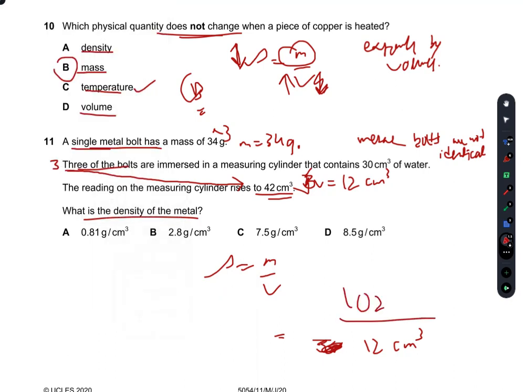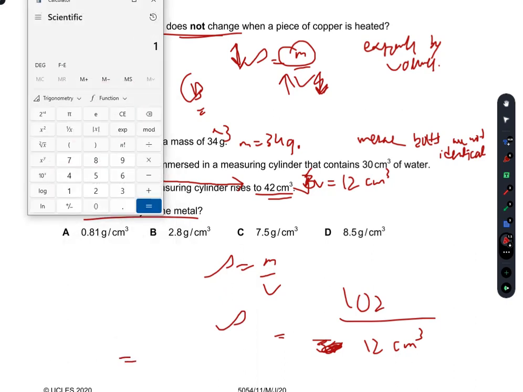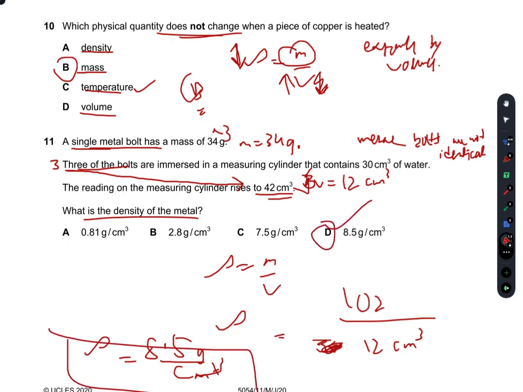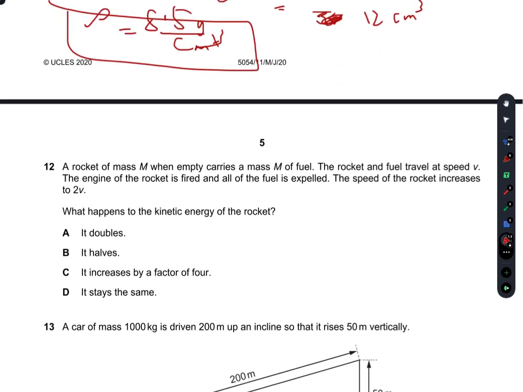So 102 over 12 will give us the density of this metal, which is 8.5 grams per cm³. So D is the right answer.